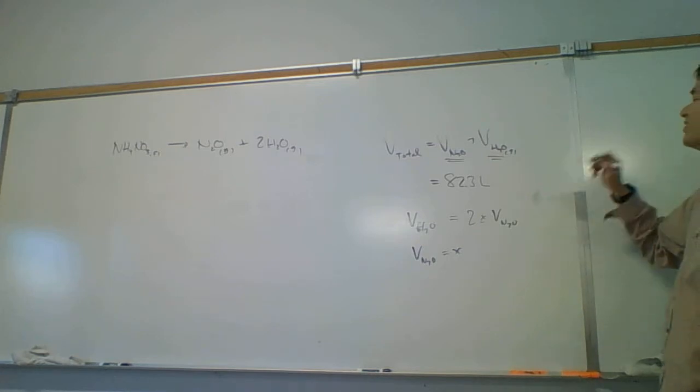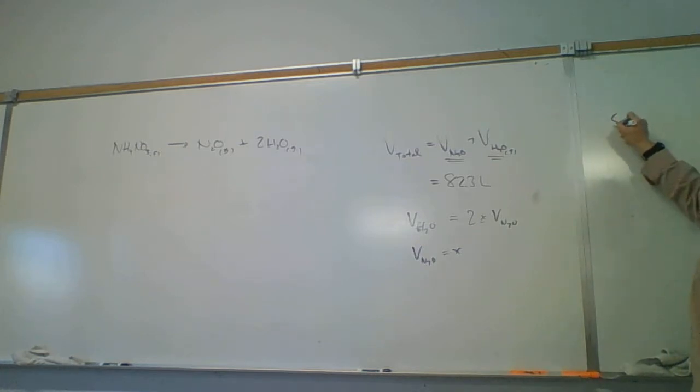So I'm going to do 82.3 liters equals X plus 2X. This is the volume of nitrous oxide and this is the volume of water. In other words, this equals 3X, and then X equals 82.3 liters divided by 3.